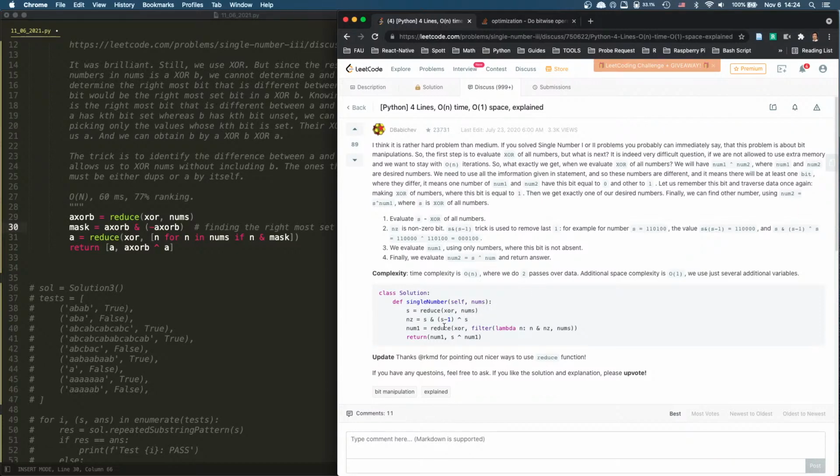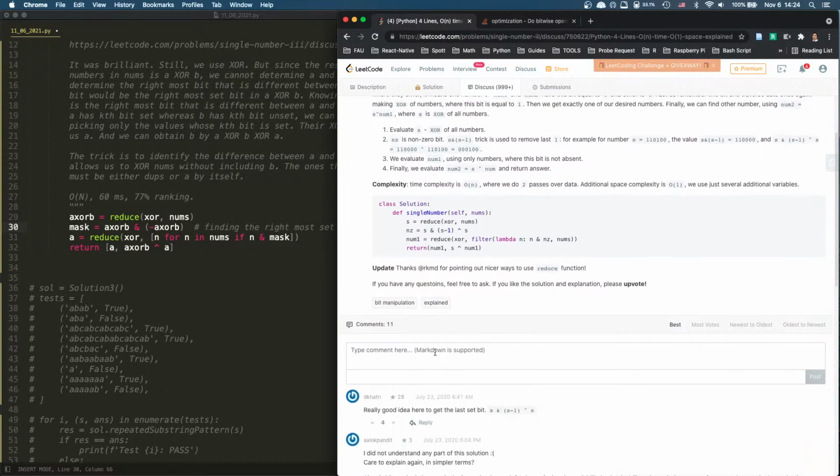S minus 1, and S, or exclusive OR S. To obtain NZ, NZ equals S and minus S.